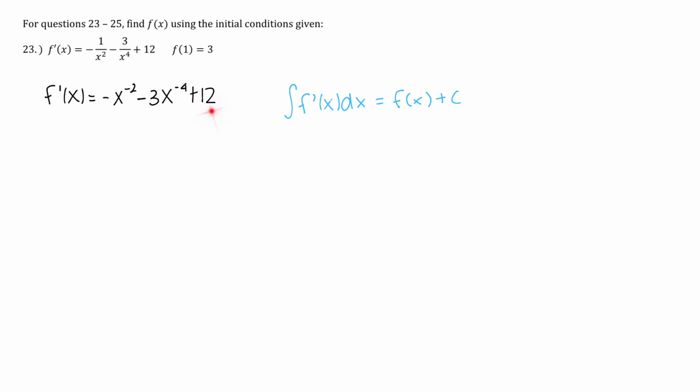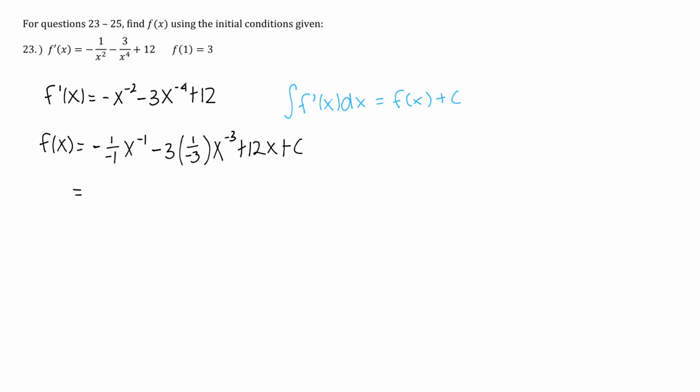But the idea is if you integrate this, then you can figure out what that initial f of x function is, because integrating kind of gets rid of that derivative. So f of x, if we integrate, this will be negative, adding 1 to negative 2, so that's negative 1, so 1 over negative 1, x to the negative 1, minus 3, add 1 to negative 4, you get negative 3, so 1 over negative 3, x to the negative 3 plus 12x plus c.